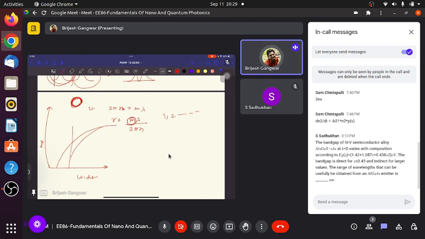If you choose the width of the waveguide greater than this one and less than this one, only one mode will be there. So by using this dimension we can cut the higher order modes.